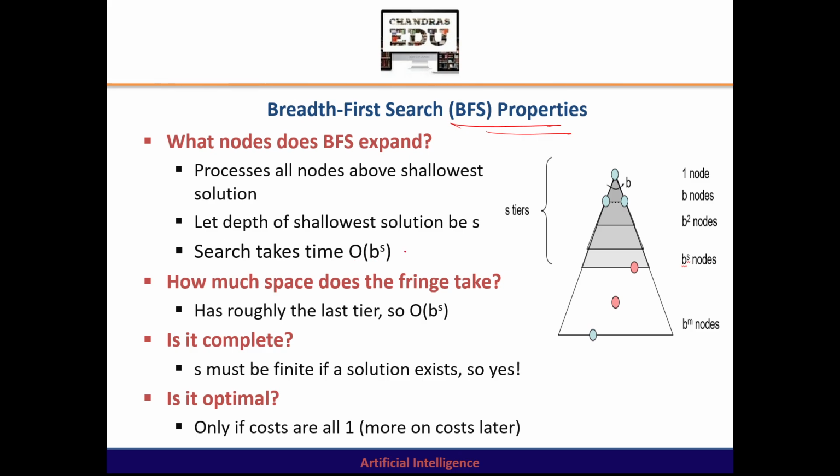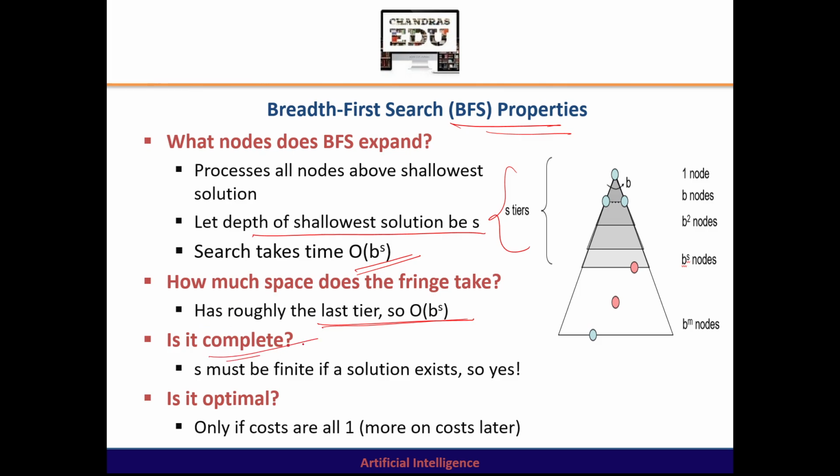As we discussed earlier, depending upon the number of levels or tiers and the number of branches, we can find the complexity to be O of B power S. Here it is found by exploring the shallowest solution, that is, the shallowest depth is S and the branching factor is B, so it is B power S. And the space complexity, that is memory, is also the same as the time complexity, O of B power S.